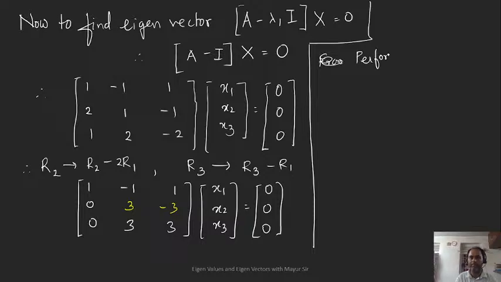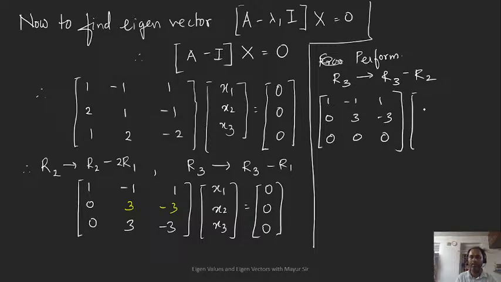We can perform now r3, here there is a minus sign, so r3 changing to r3 minus r2. When we perform, we get 1 minus 1 and 1, and here it is 0, 3, minus 3, 0, 0, 0. So x1, x2, x3, this is what we will get.